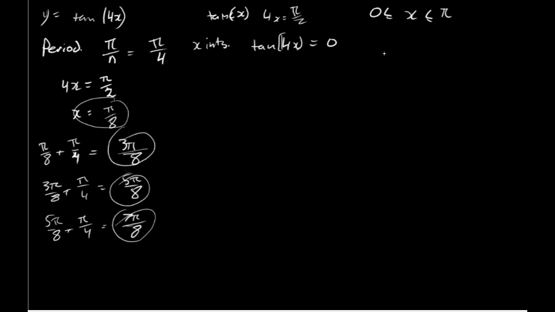So our x-intercepts are going to be halfway between each of the asymptotes.